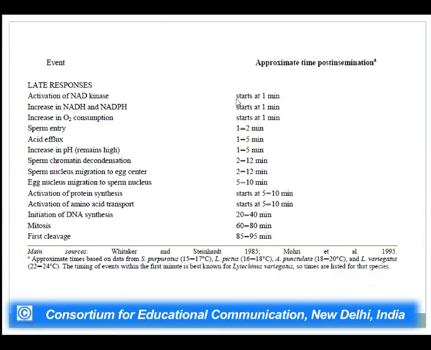So whatever molecular mechanisms occur at the time of fertilization ensure that the zygote is now set on the path of development into a new organism. All the reactions, all the changes occurring inside the zygote, which is formed by the fusion of the sperm and the egg, will lead to the onset of the formation of the new organism, for which the first step is the conversion of unicellularity into multicellularity, or cleavage.